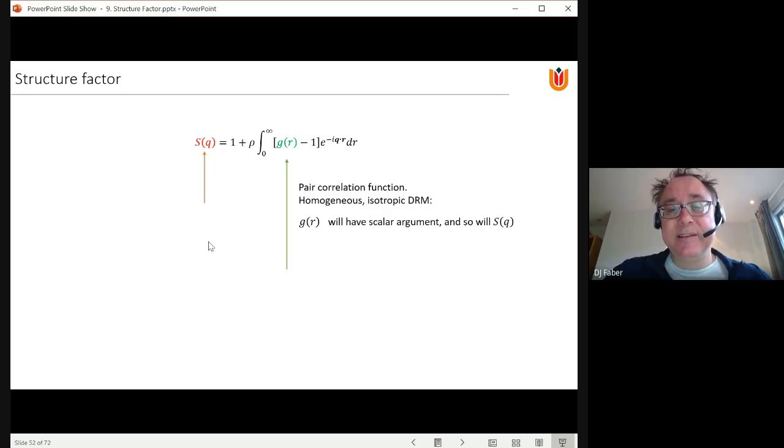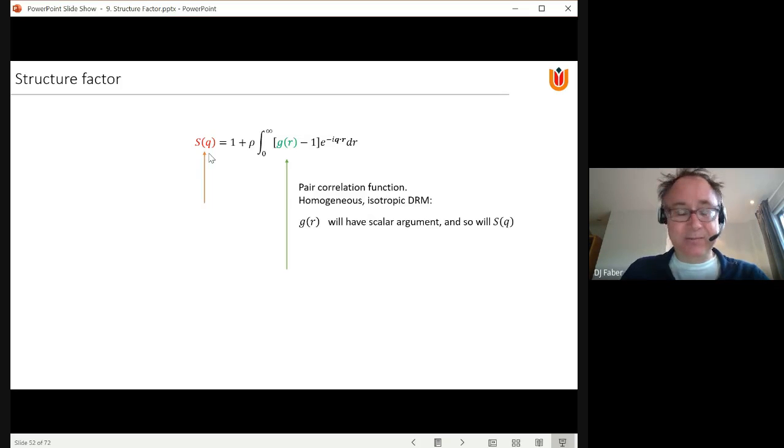Since the inner product of q and r is simply q times r times the cosine between these two vectors, that is also just a pure number. So this whole thing will evaluate to something that has a scalar argument as well. Even though we have to perform a three-dimensional integral, the argument for the structure factor will also be scalar.